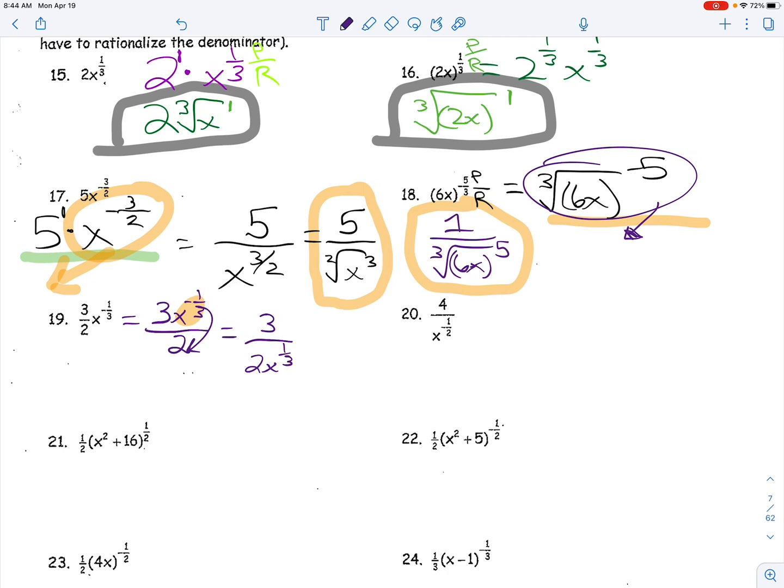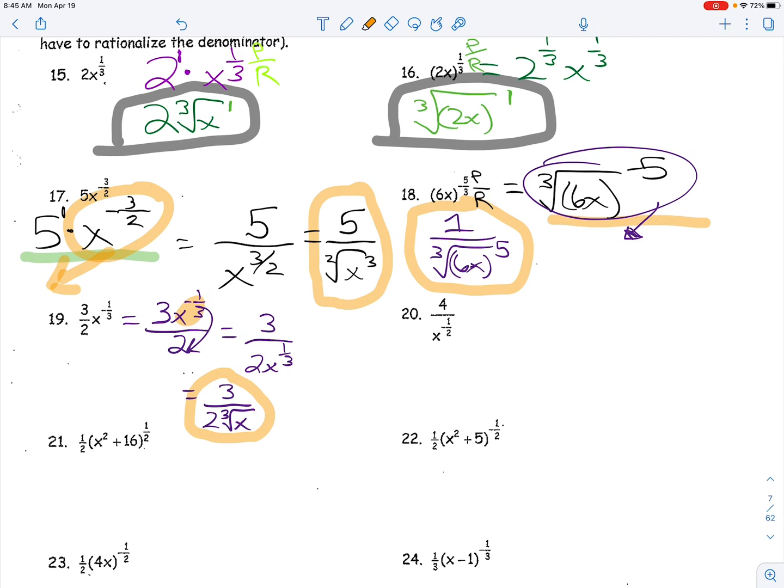And then we are going to do a power over roots with the x to the 1/3. So this will be 3 over 2 times the cube root of x. And there you go, people. That is your answer to number 19. Remember, they wanted radicals, right? No fractional exponents, no negative exponents.